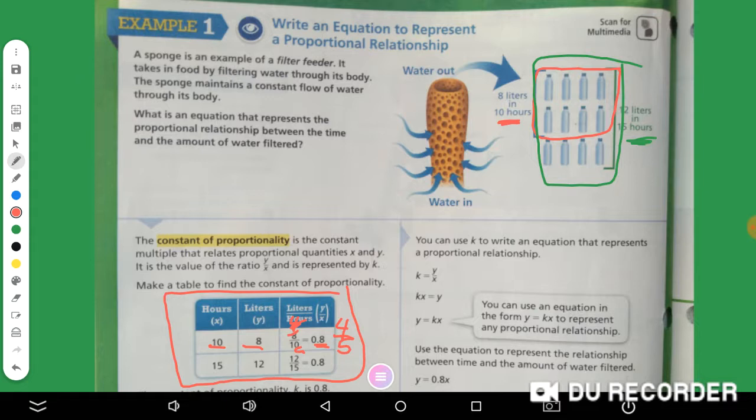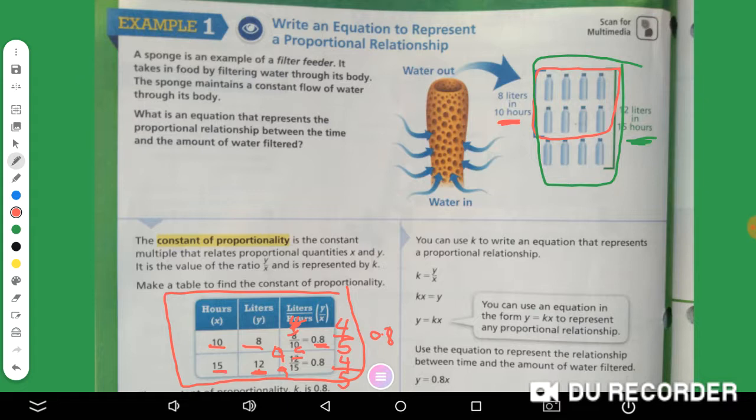Also, when we calculate for 12 liters, it is filtered in 15 hours. So 12 over 15, divided by 3, equals 4 over 5. So it's also 4 over 5, the same ratio, which equals 0.8. They are proportional.